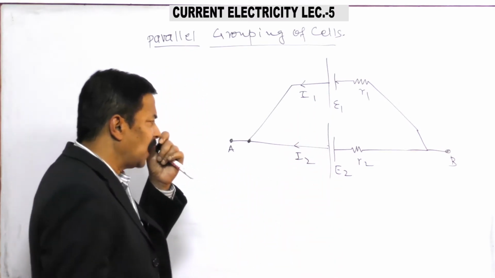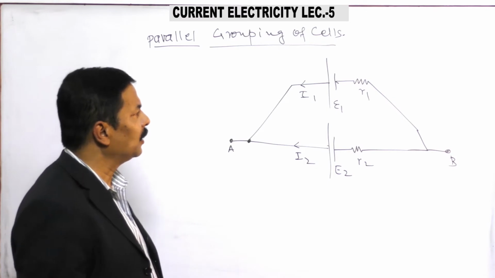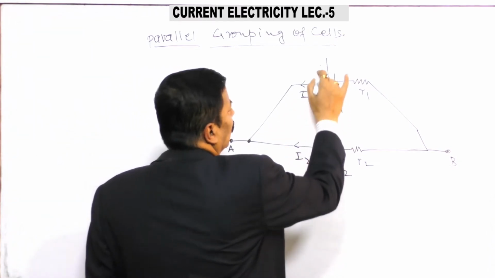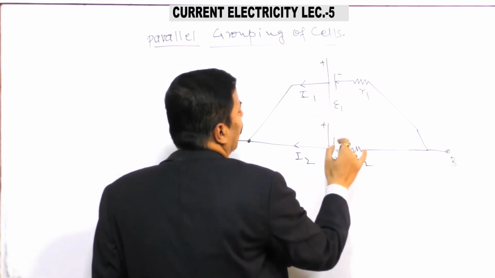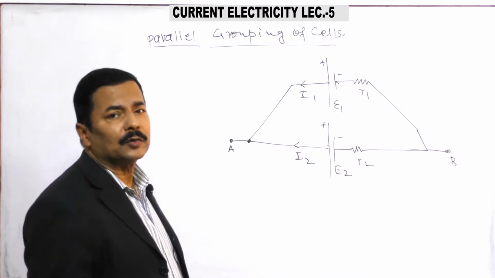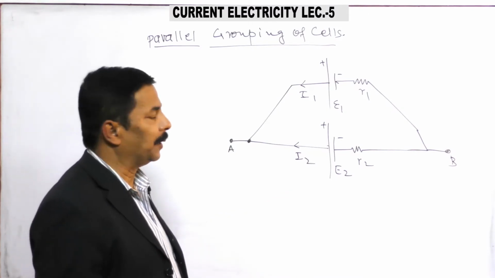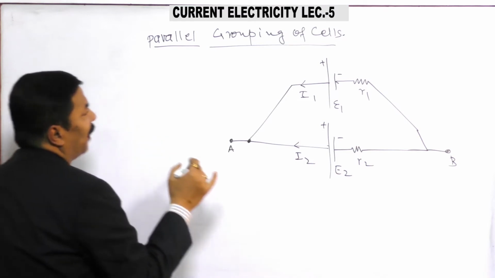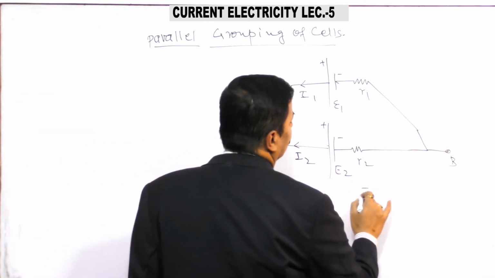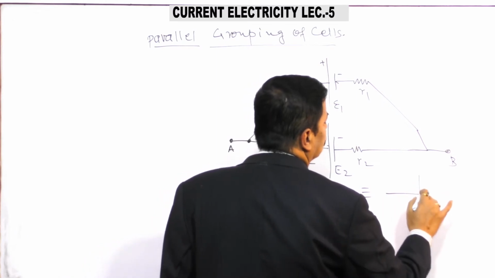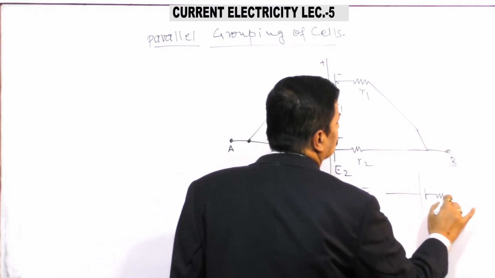Such a grouping of cells, in which the positive terminal is connected with the positive terminal at a common point, and the negative terminal is connected with the negative terminal at a common point, is called parallel grouping.